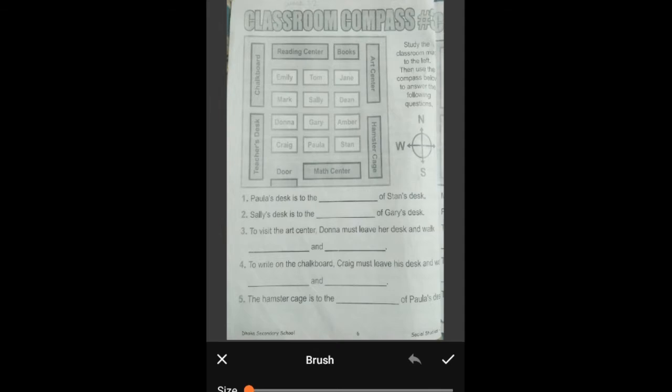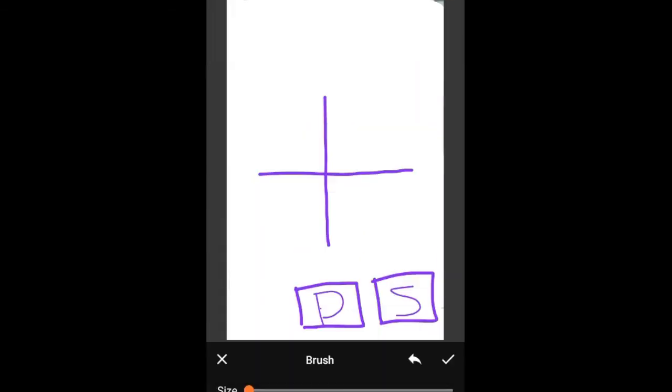So first we will find both of the persons on the classroom compass, where are they. Okay, first Paula's is here and Stan is next to Paula's, right? Exactly next to Paula's. Now we have to find their location.